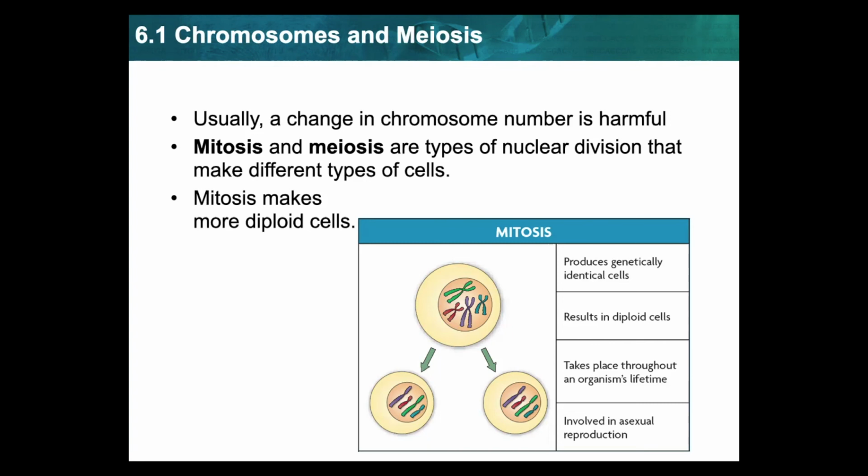So you can see in the top picture, this cell right here is diploid. It's duplicated chromosomes. So when they're X-shaped, they're duplicated. They split apart. Each green, each purple, each red goes into each cell right here. And now these cells right here are still diploid, but they're not duplicated anymore. You see right here, the purple and the green are the same length.